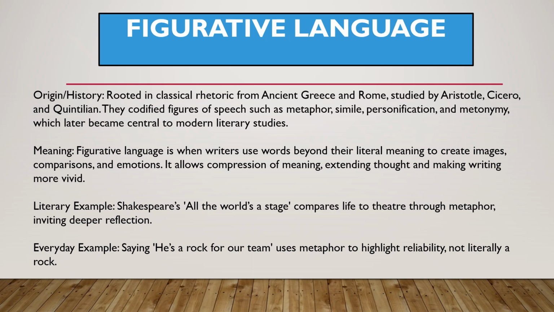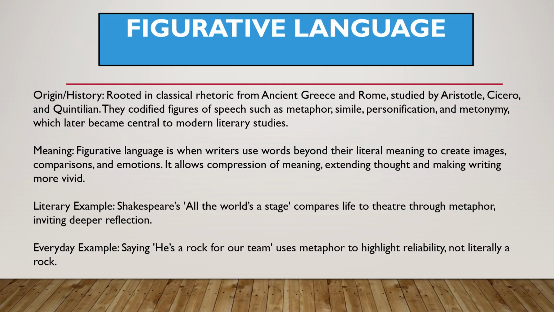And similarly, if you talk about an everyday example, if you say that he is the rock of our team, for example, in the 90s, Rahul Dravid was called the rock of the Indian cricket team because he stood very resiliently even when everyone got out.